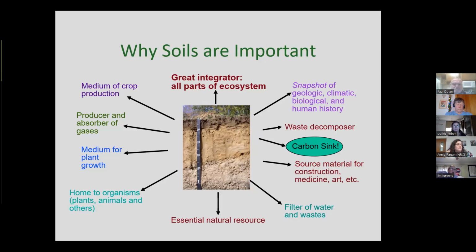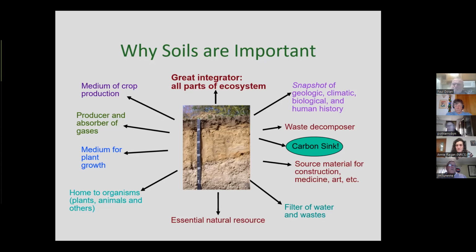Why do we study soils? I always ask people, if you try to think of something that doesn't involve soils, it's pretty hard. Crops, agricultural uses. Soils are home to many organisms. I have a nice little colony of bees in my backyard that live in the soil.